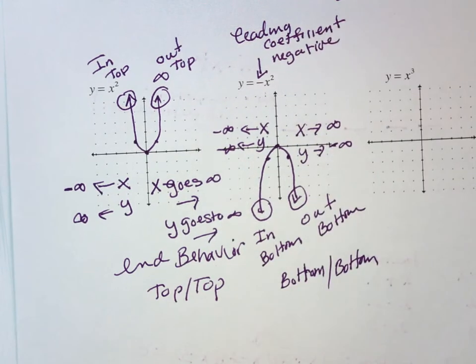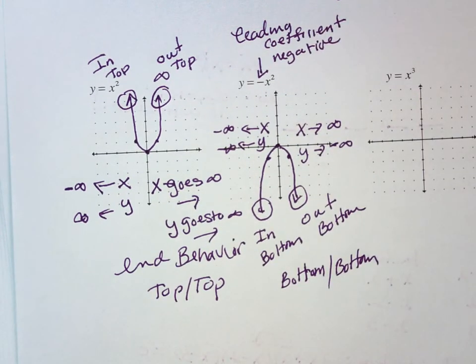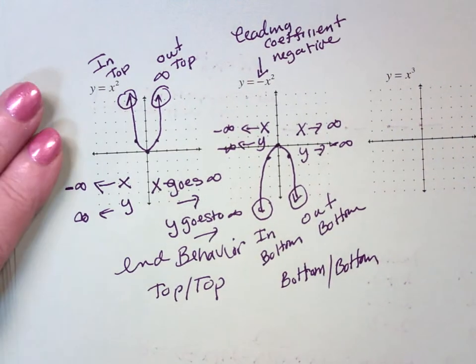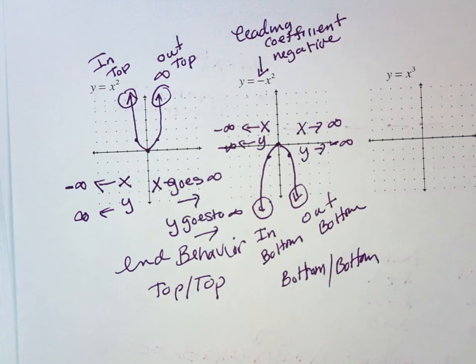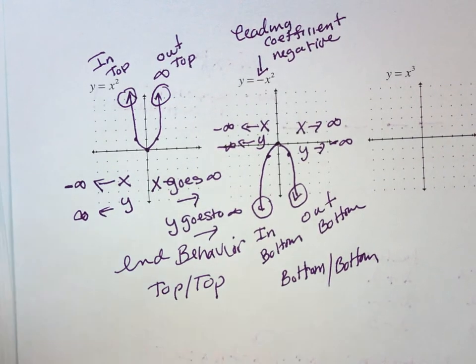If A is negative, it is reflected across the x-axis. It's your transformation. So even degree goes the same direction. It's either top, top, or bottom, bottom. Top, top if the leading coefficient is positive, bottom, bottom if the leading coefficient is negative. Think, oh, you're going down, down is negative, not a good thing.